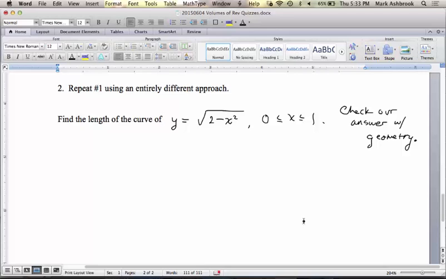Circle. Yeah, so hopefully you recognize that this is actually a semicircle. It's the top half of a circle of radius what? Square root of 2, right? So this would be y squared equals 2 minus x squared, or x squared plus y squared equals 2. So there's a radius of radical 2.